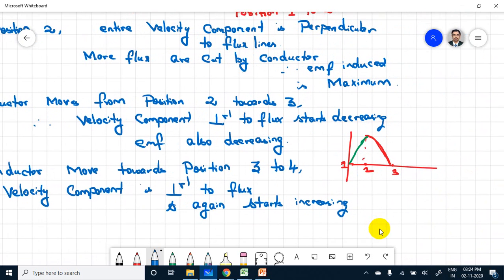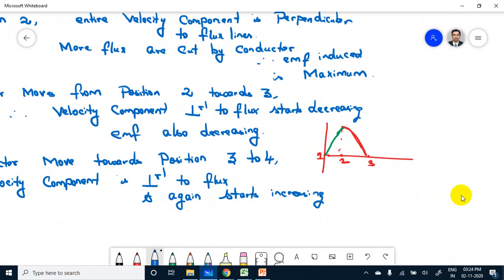Reverse region means in our graph there will be a reverse region. This is 4. This region will be increasing, and again it will be decreasing. This is 5.